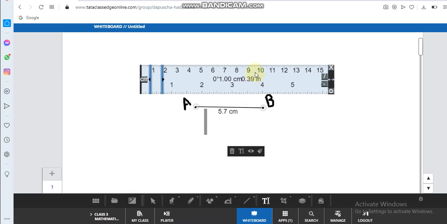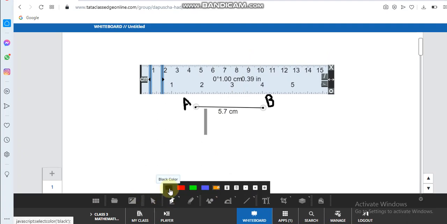So place your ruler again, then mark the first point at 0. So here 0. Now next point, you can name it with any capital letter.